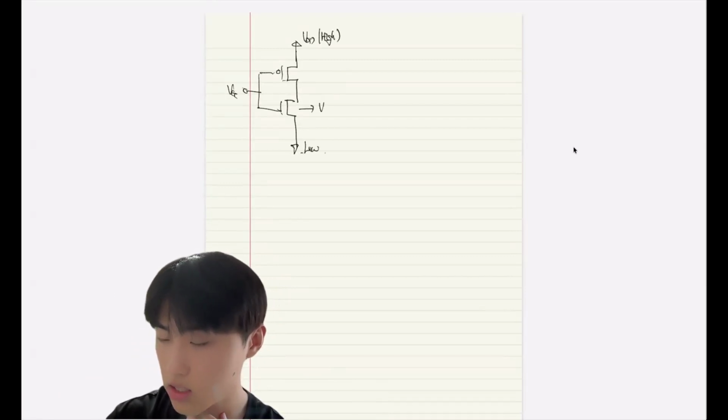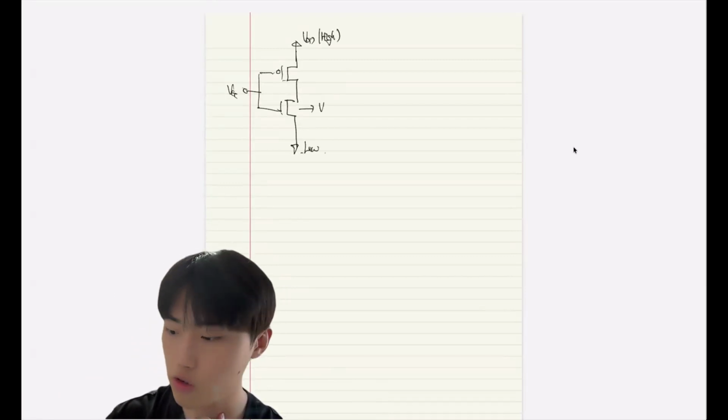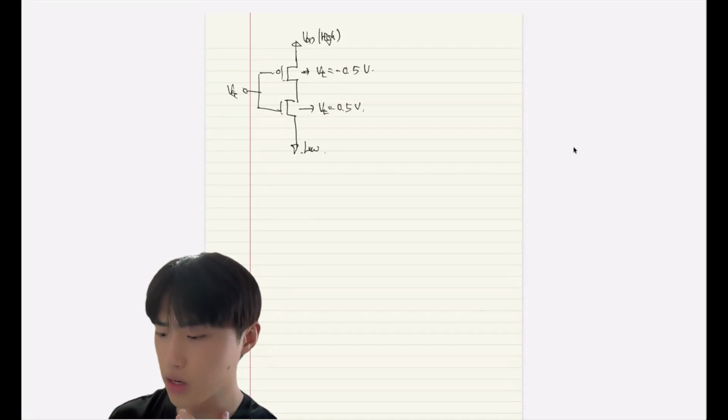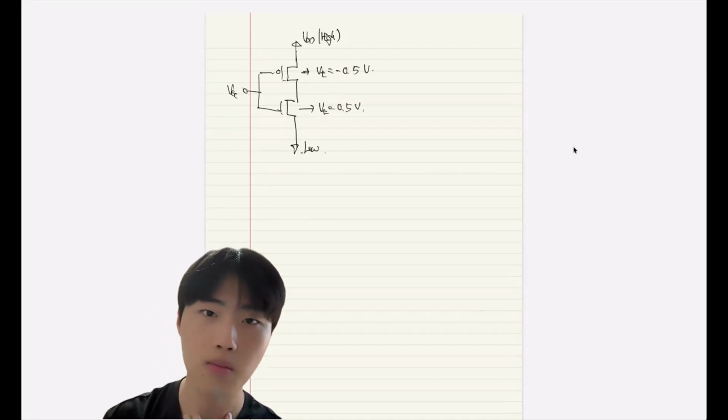And let's suppose that the NMOS threshold voltage will be 0.5 volt, and the PMOS threshold voltage will be minus 0.5 volt. So let's have some high on the gate side.